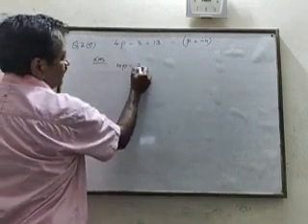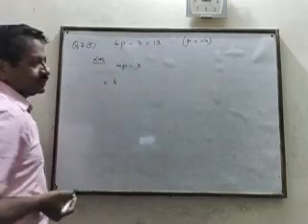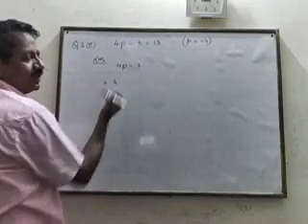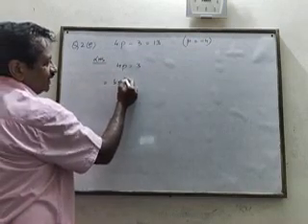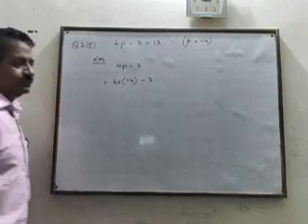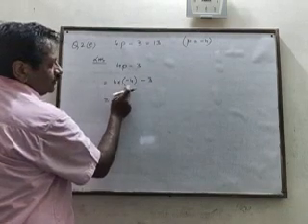4p minus 3. Here it is multiplication. No sign is there between 4 and p, it means multiply. So 4 multiply minus 4 minus 3. According to the BODMAS rule, first we will multiply.